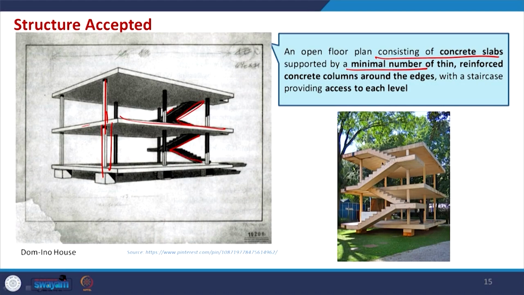Here it is very important to note that at times in history when there was some crisis, shelter was also required. So with a minimalistic form you can go with that.